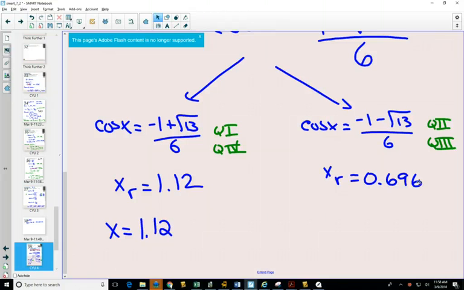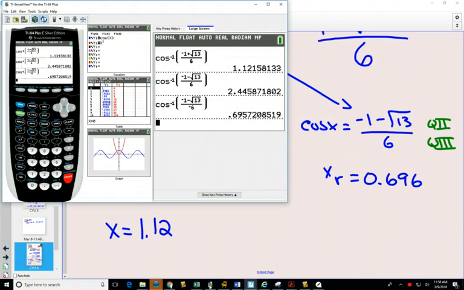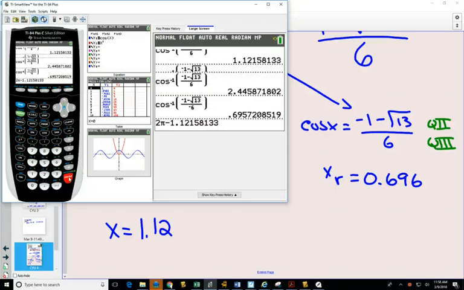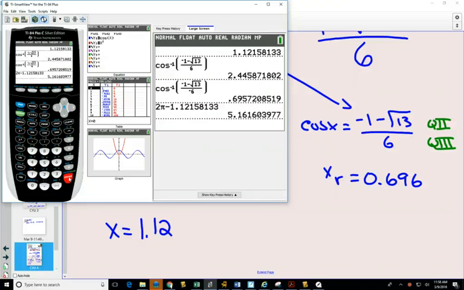And in quadrant 4, I'd have to go to my calculator and go 2 pi minus my reference angle, which I'll steal from up here, 5.16.